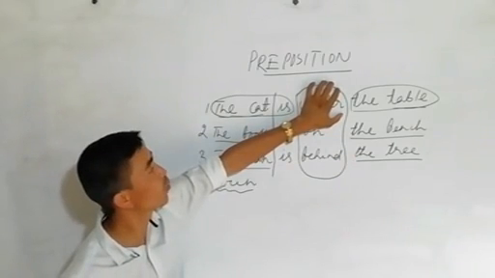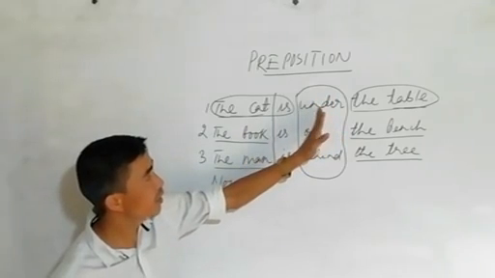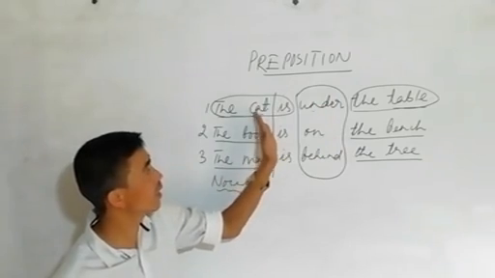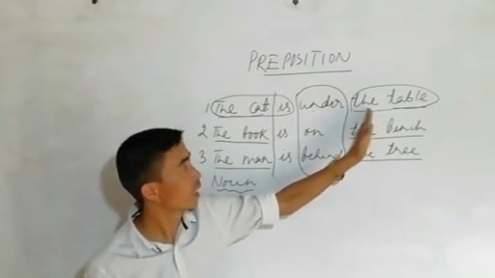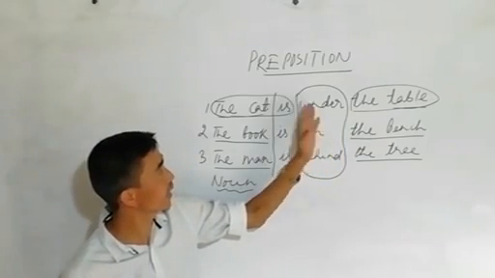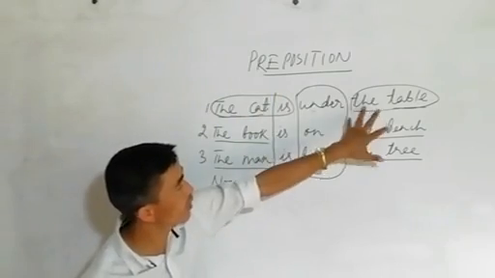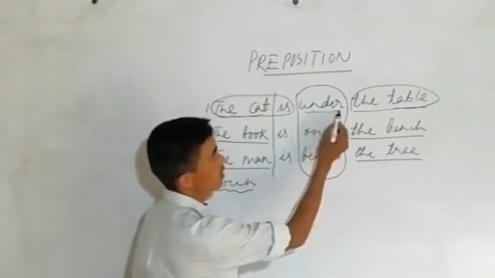Then what does the word under do? What is its function? It connects the cat is and the table. These two parts are connected by the word under.